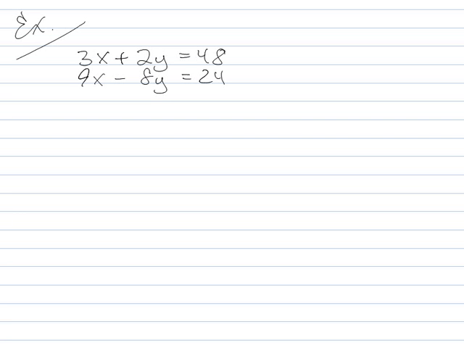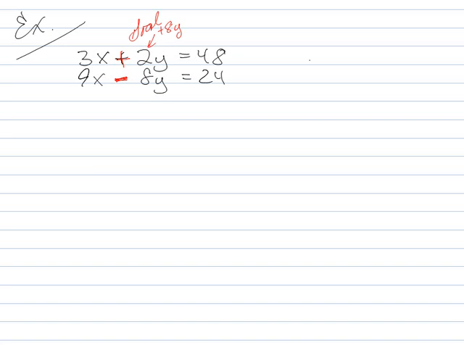I'm going to pick my y's because I've already got a plus here and a minus here, so I'm halfway there. I want them to go to 0, so I have to add something and then subtract it out again. That's 8y, and this is 2y. If I multiply 2 by 4, I'll get 8. So my goal for this one is positive 8y.